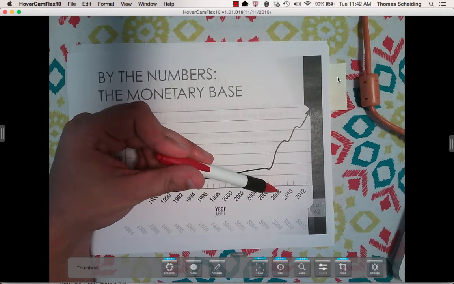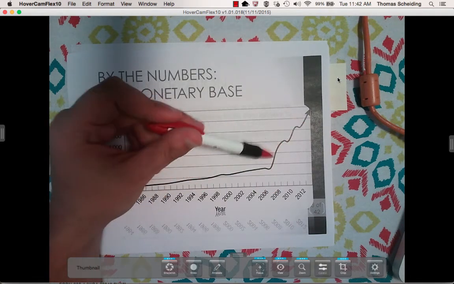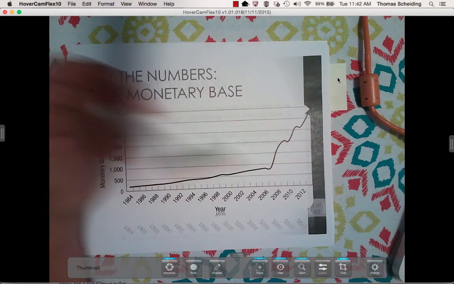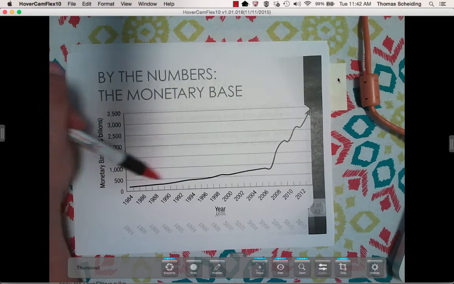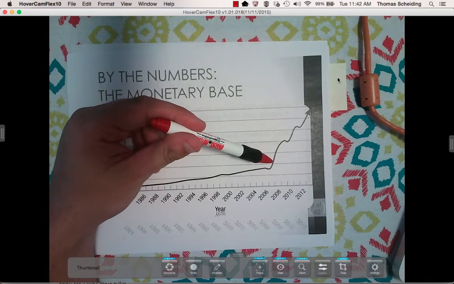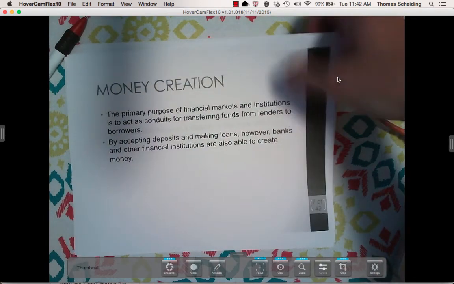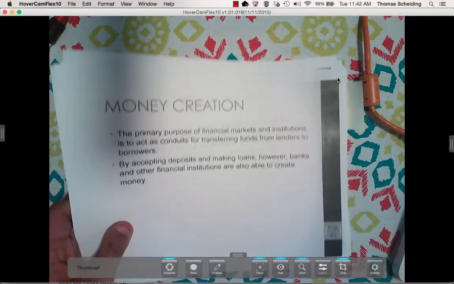We shouldn't be too surprised by this, but this is the thing that's most concerning to economists, because when this goes up this significantly, there has to be inflation, meaning that the money becomes less valuable because there's so much more of it. So while we see this steady increase since '84, what's more concerning is this dramatic increase right there. Why did we do that? Because the way that you help fix the economy is by massively stimulating it.